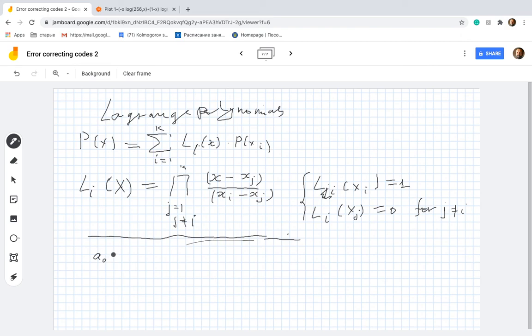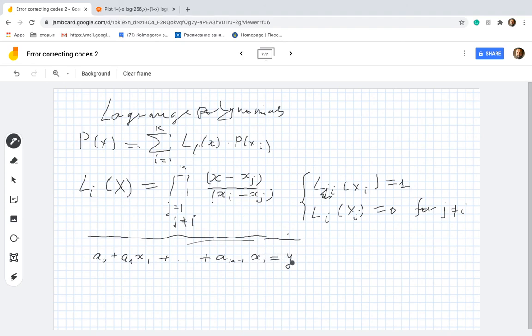Then each constraint that our polynomial takes a certain value in a certain point, say x1, can be represented as a linear equation in its coefficients, where the variables are its coefficients.